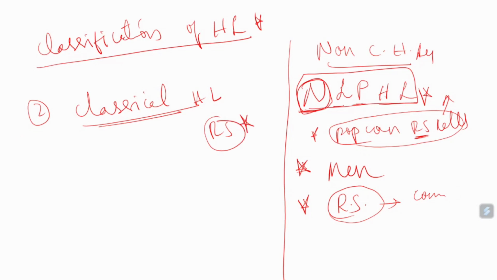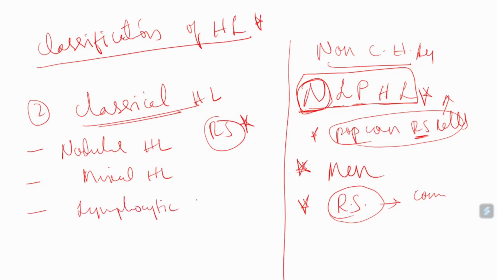In classical Hodgkin's lymphoma, again we have four types. One is nodular Hodgkin's lymphoma. The second is mixed Hodgkin's lymphoma. The third is lymphocyte-rich Hodgkin's lymphoma, and the fourth is lymphocyte-depleted Hodgkin's lymphoma.